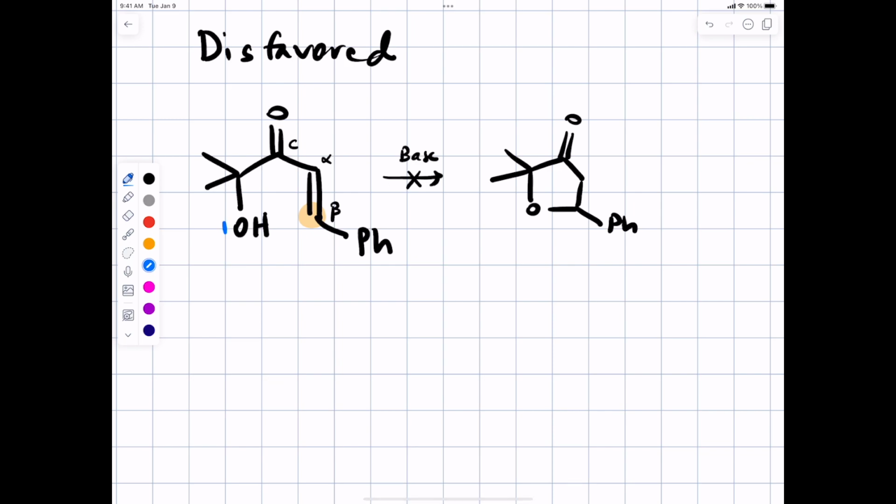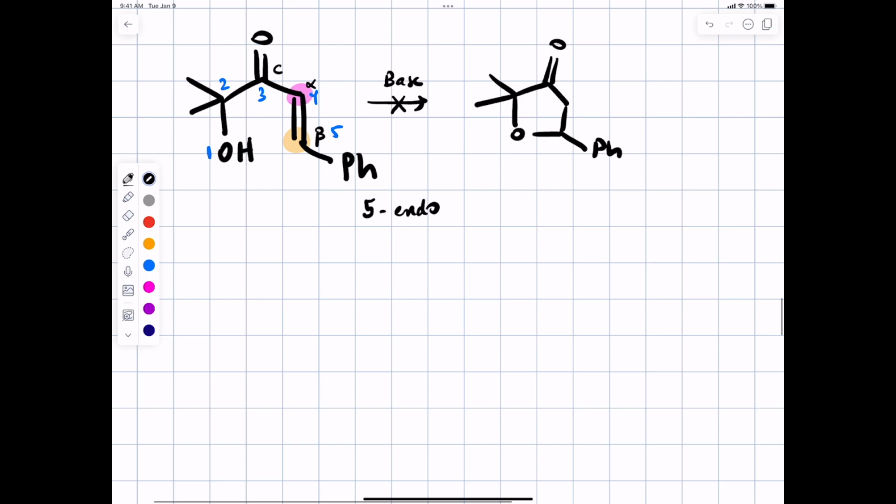This is a 1, 2, 3, 4, 5. So this is a 5. Now endo, because if we had the nucleophile, which is the alkoxide, attack the beta carbon, the atom that gets the negative charge, the alpha carbon, is now part of the ring. Do you see that?